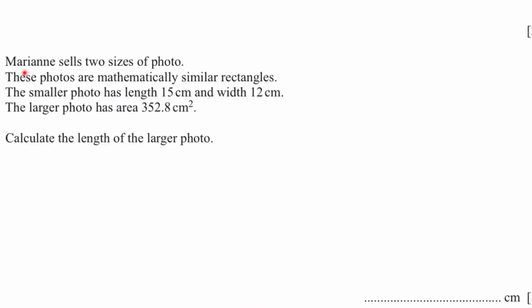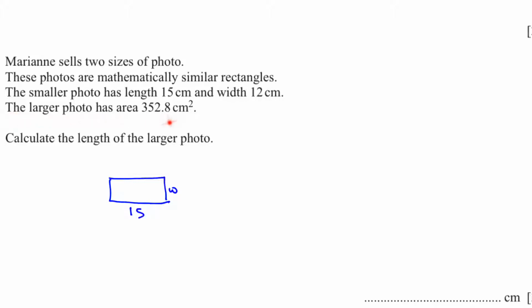Next question. Marianne sells two sizes of photo. These photos are mathematically similar rectangles. The smaller photo has length 15 centimeter and width 12 centimeter. So this is the small one with length 15 and width 12 centimeter.